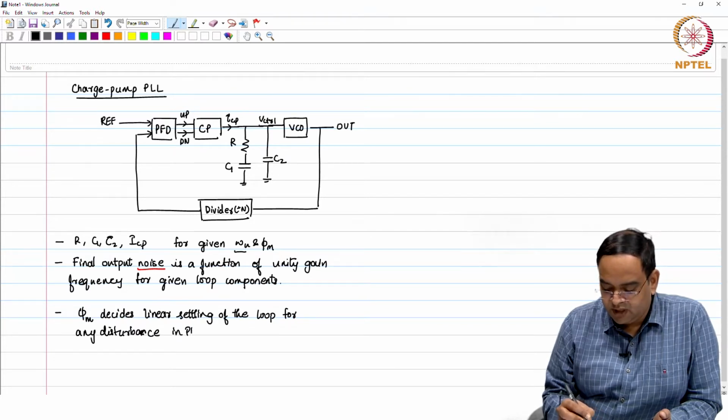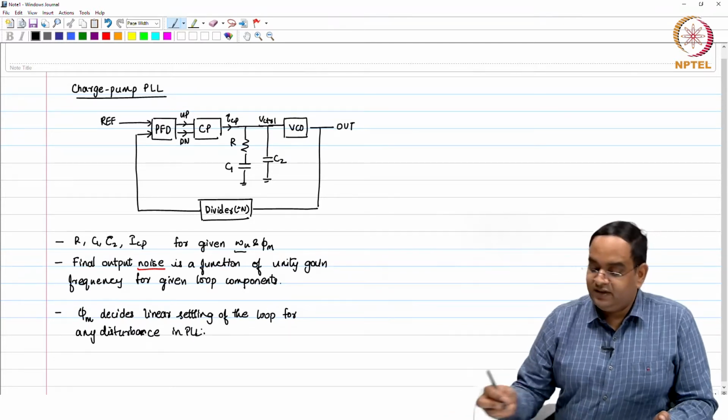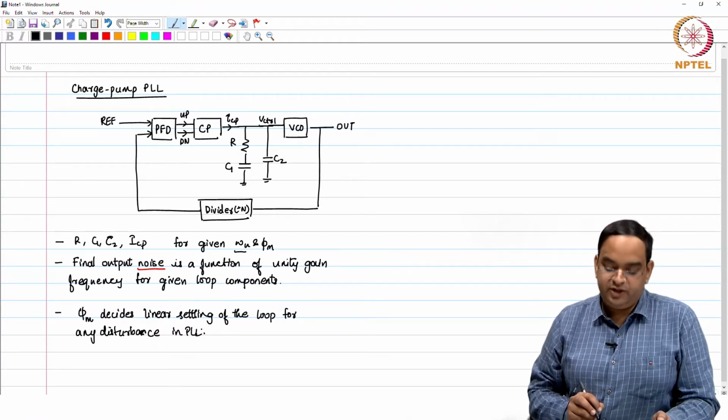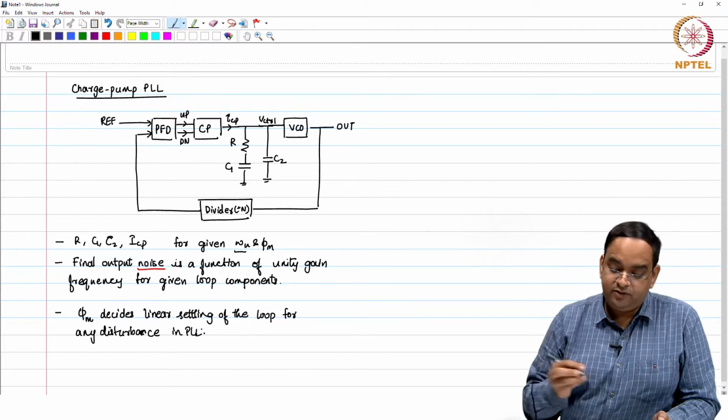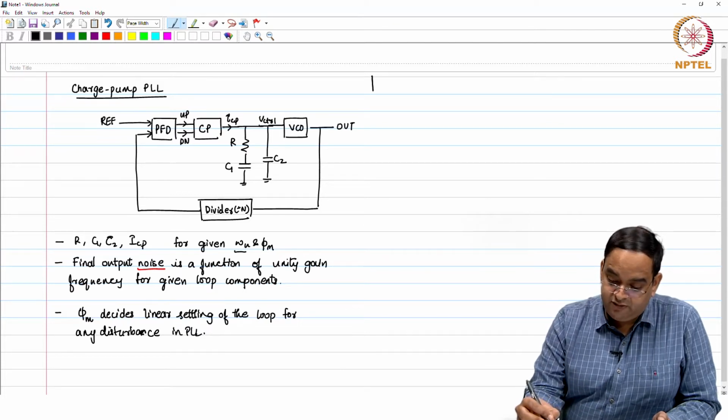Both of them will be decided based on the settling which we require and the noise limits which we have. So, let us try to understand the noise part first.